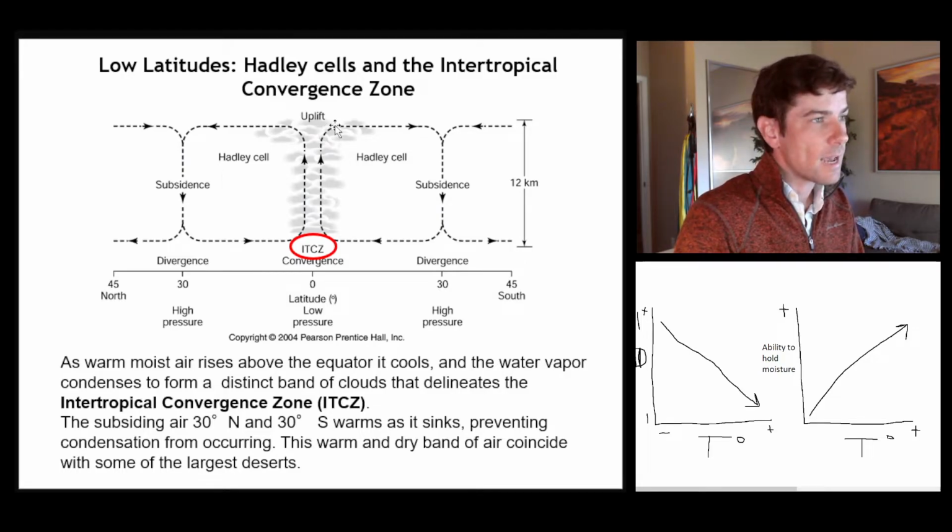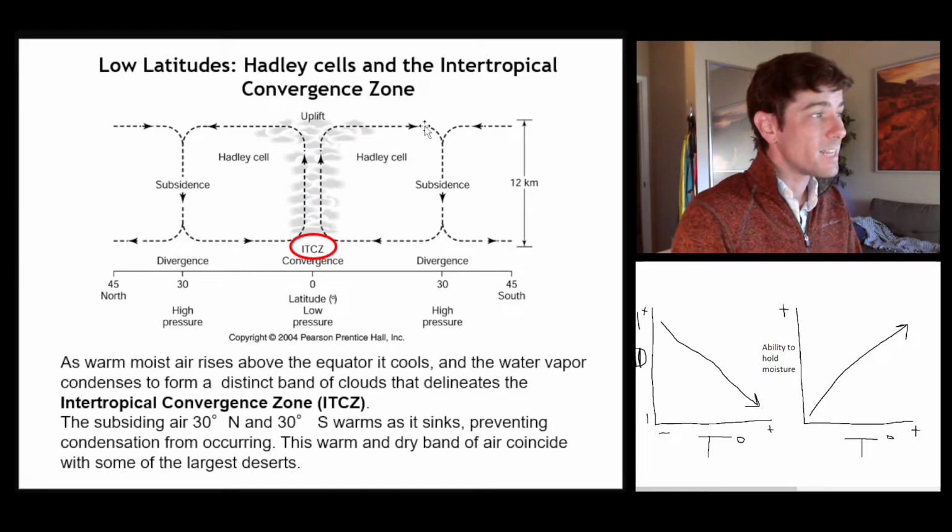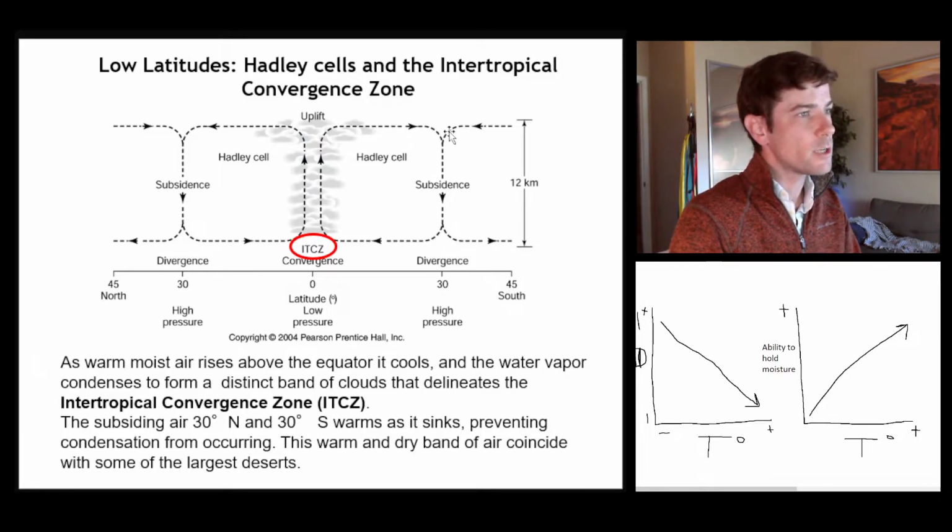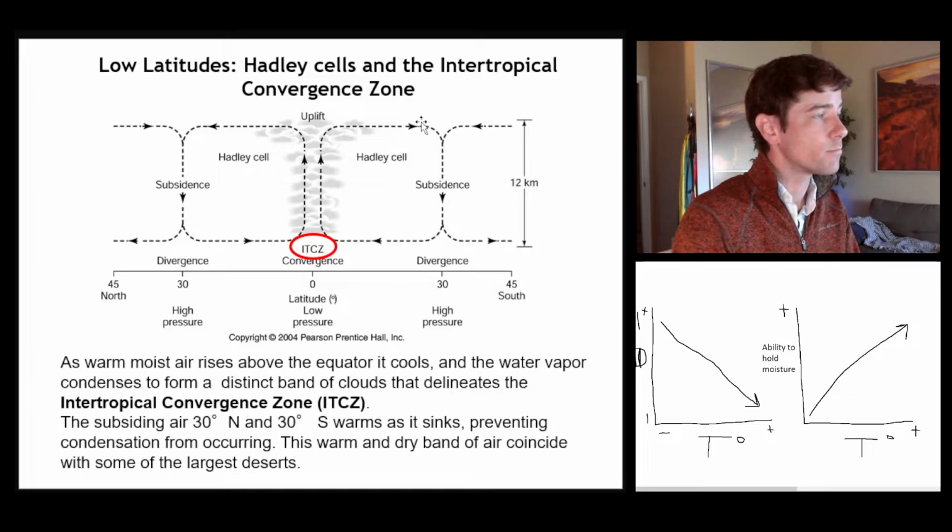Now, as that air begins to move laterally, it continues to cool, all right? It continues to lose moisture until you get up here into this region, around 30 degrees north or south, and the air is very cold and very dry by this point. It begins to subside or sink back down towards Earth's surface in response to the high density, right?